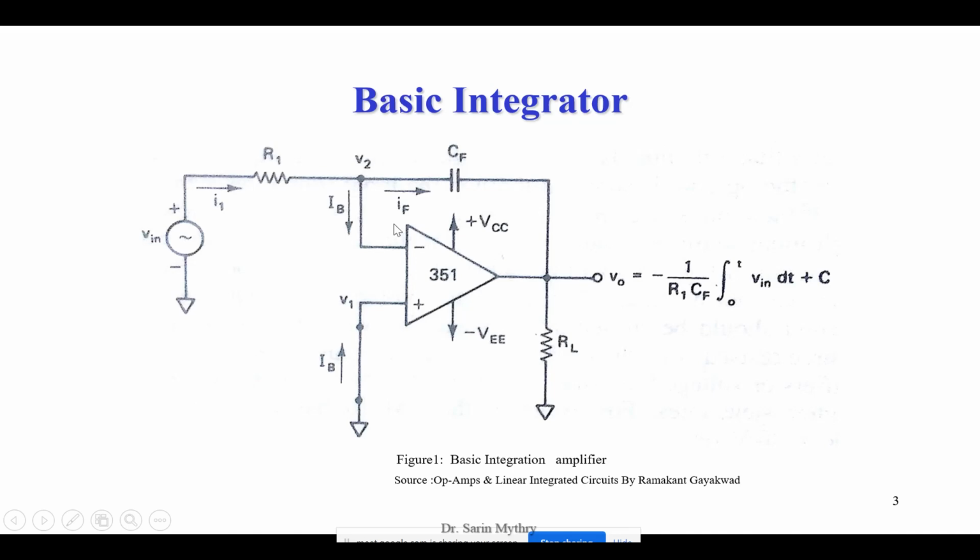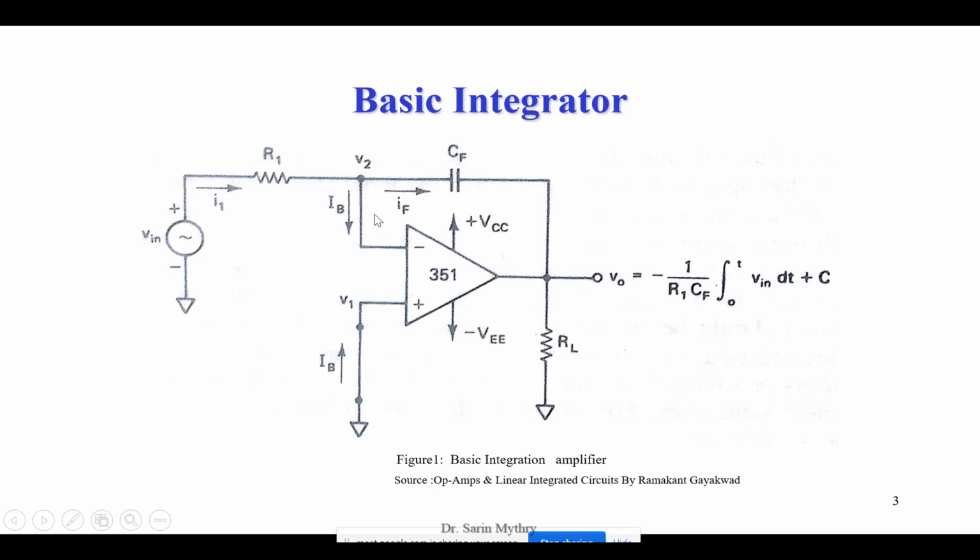If you see the basic integrator circuit here, you can see it is an inverting integrator circuit because my input, Vin, is connected to the inverting terminal. We can see for the Vin as input signal, we have one resistor R1, and that R1 is connected directly to the inverting terminal, and there is another feedback component.